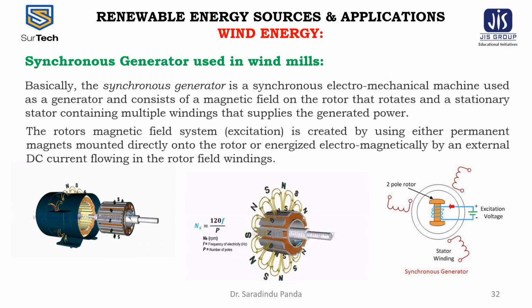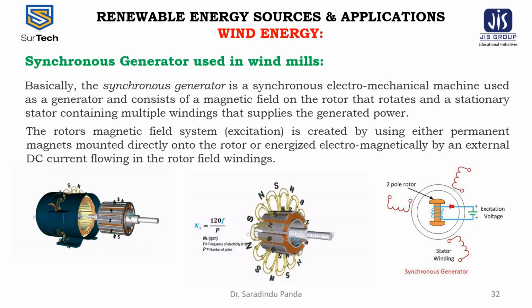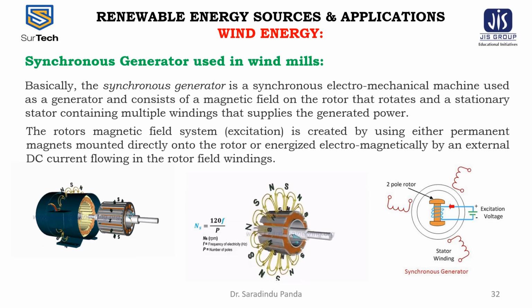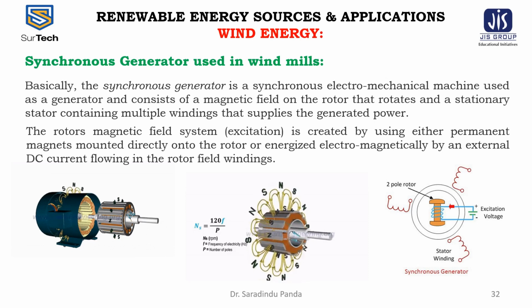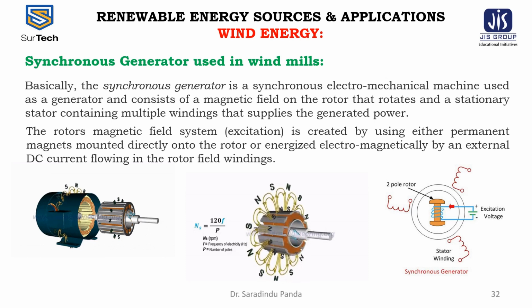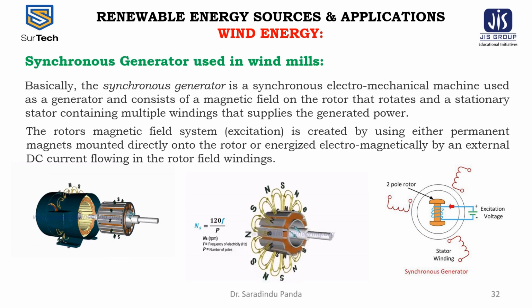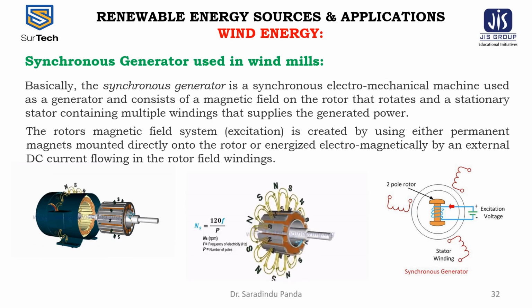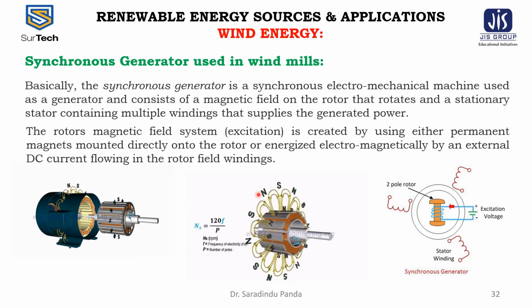The rotor's magnetic field system is created by using either permanent magnets mounted directly onto the rotor or energized electromagnetically by an external DC current flowing in the rotor field windings.